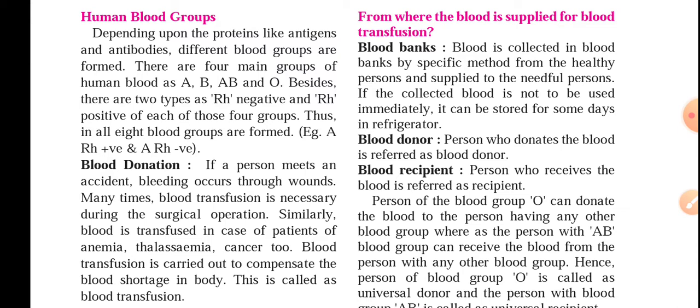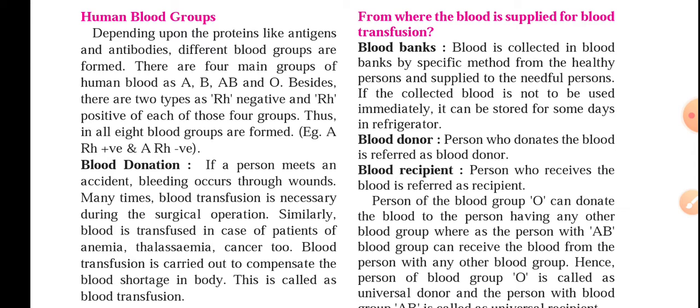So in this video, we are going to talk about the human blood groups. As we know, the human body contains the connective tissue, which we call blood, which supplies the oxygen to the entire body and each and every cell of the body.